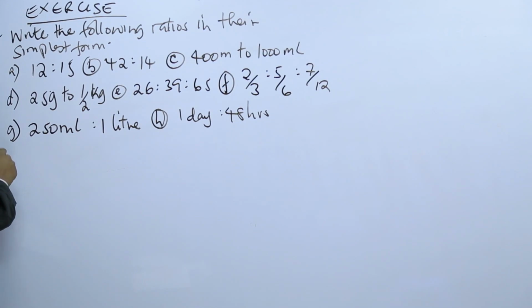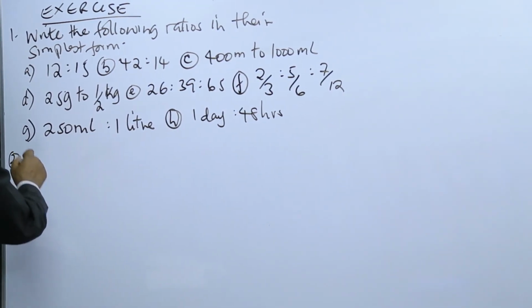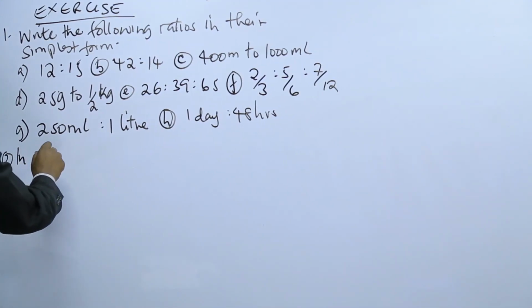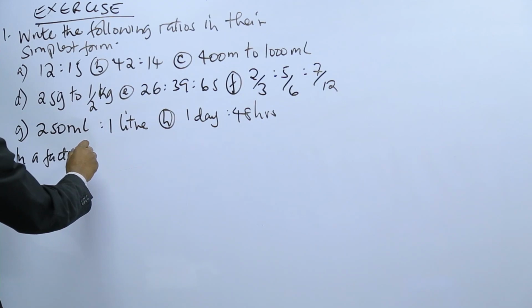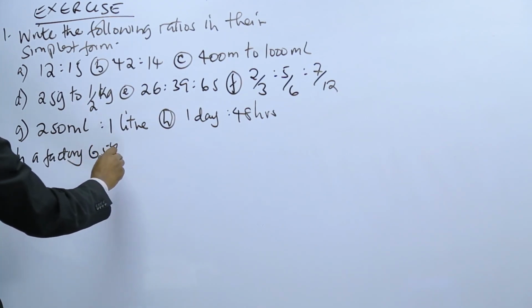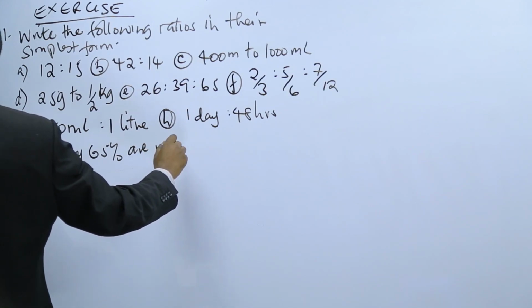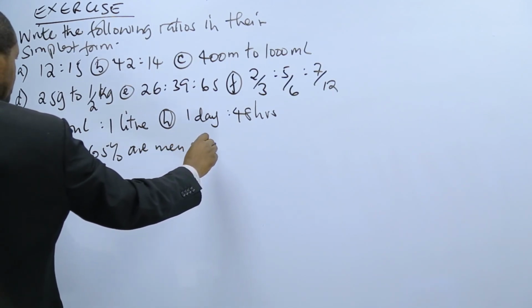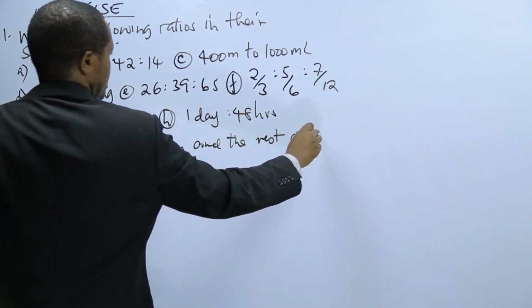Then number 2, in a factory, 65% are men and the rest are women.